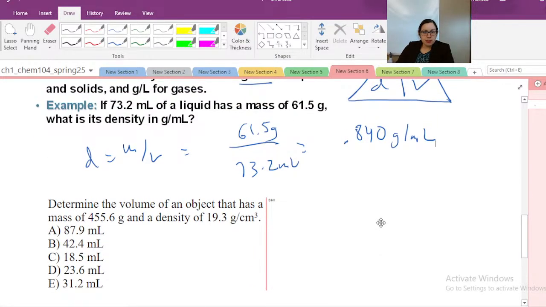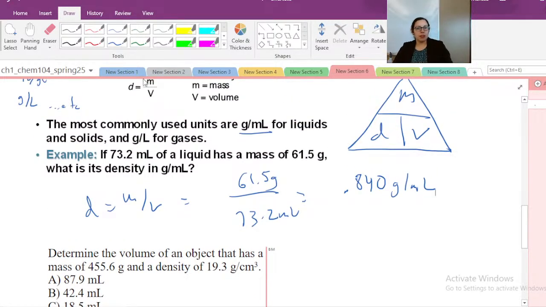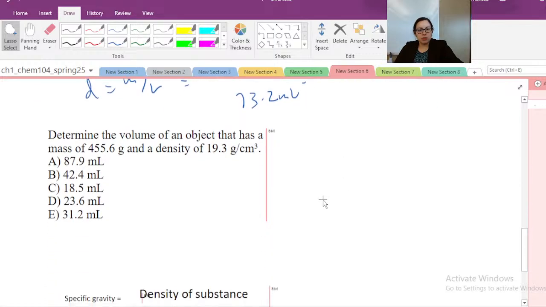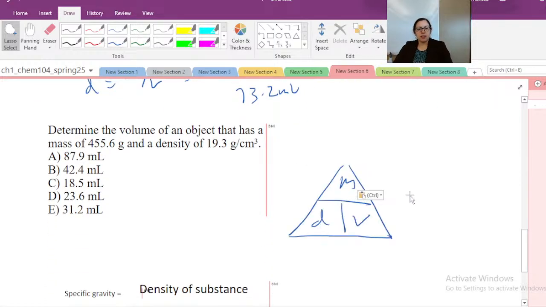All right, try this last one. This is where the triangle trick may help you if you're still struggling a little with dimensional analysis, or you just want an extra sanity check.